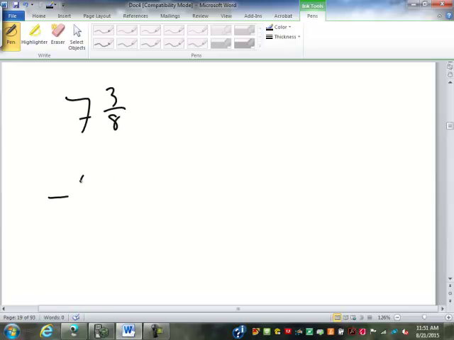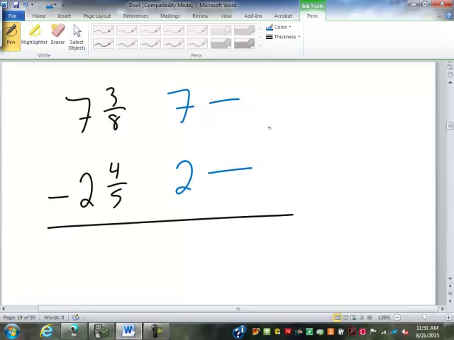Let's try 7 and 3/8 minus 2 and 4/5. So again, common denominator, say 40. 40, there we go. What's this going to be? 15 and 32, good. 15 40ths minus 32 40ths?